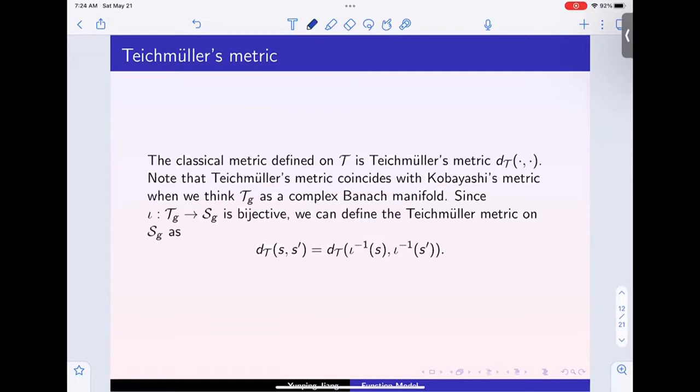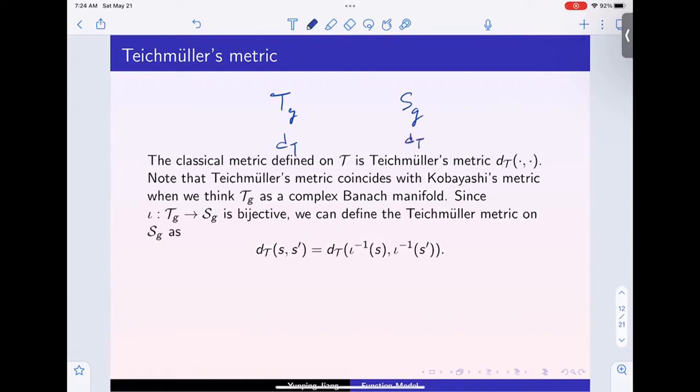But then this bijective map will introduce a Teichmüller metric on the function space. That means you have a Teichmüller space here and a function space here. Here you have the Teichmüller metric, and then you can define the same Teichmüller metric on the function space, right?